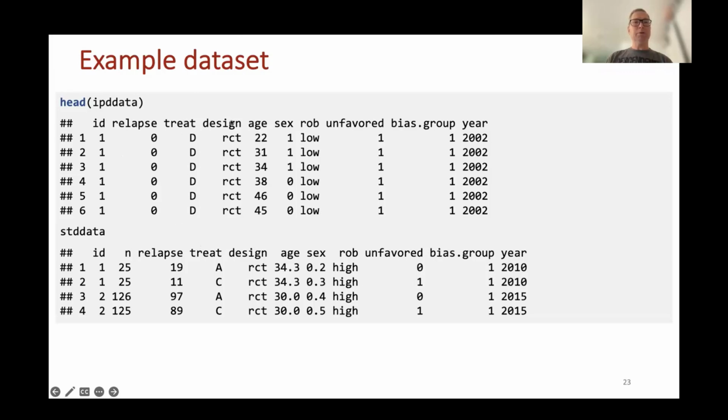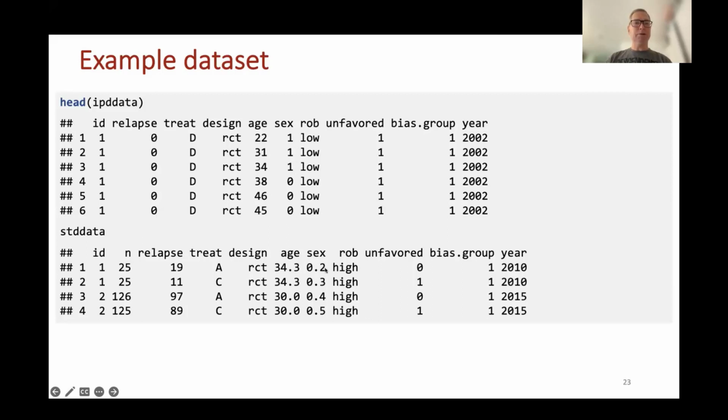Treatment variable design must be either RCT for randomized controlled trials or NRS for non-randomized studies. Then we have here additional information on the ages. These are here the actual ages for the patients in the IPD. And here we have the mean age in the respective groups. Sex indicator, 1 means male, 0 means female.